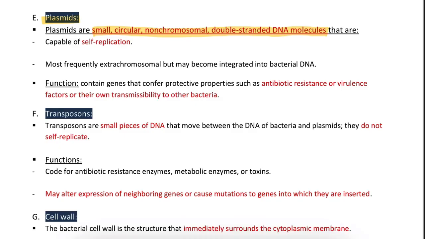Plasmids are the main reason for multi-drug resistance in hospitals, especially in E. coli, Klebsiella and Pseudomonas. To manage this, we can use combination antibiotic therapy in suspected MDR infections, and avoid unnecessary antibiotic use to prevent plasmid selection pressure.